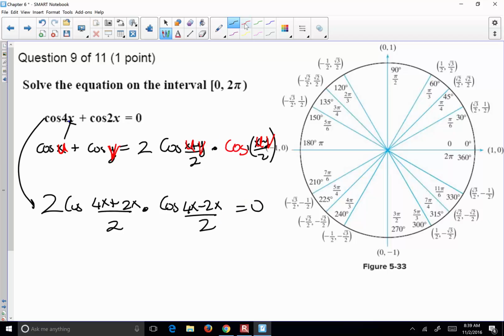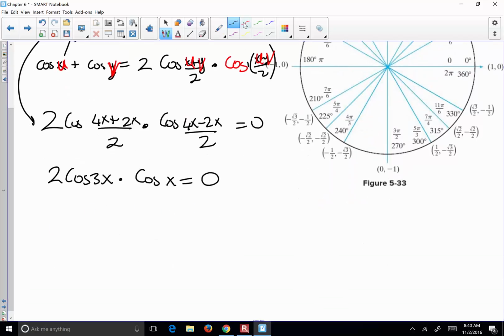Oh, look at this. 4 plus 2 is 6 divided by 2 is 3x. 4 minus 2 is 2 divided by 2 is just cos x. Now, since this is a product, I can set each part into 0. Like it's factored. When you factor, you are allowed to break each part into their own zeros.